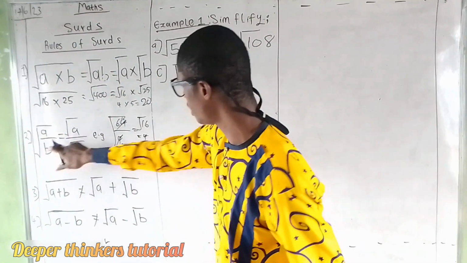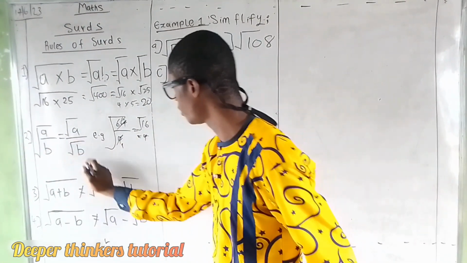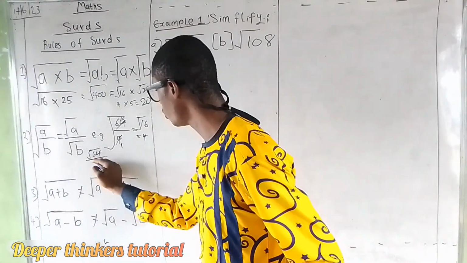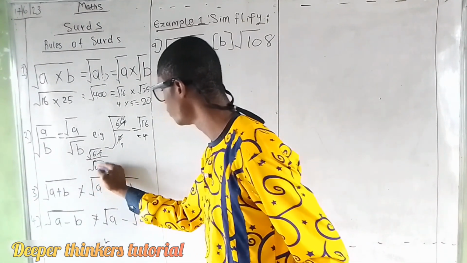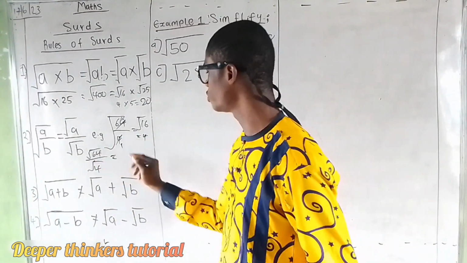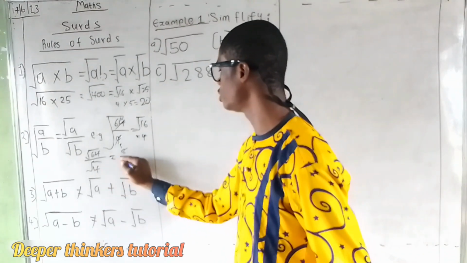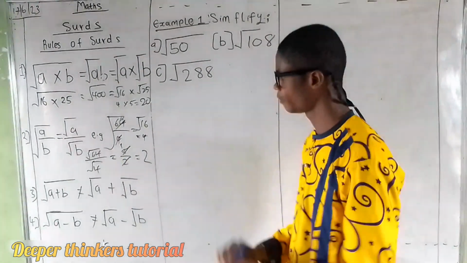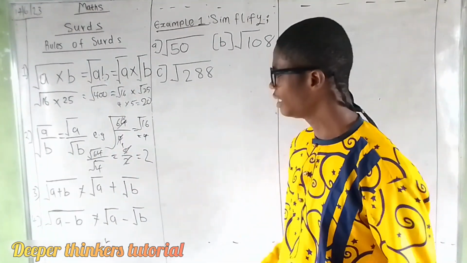Also, for this one, we take the square root of 64 all over the square root of 4. The square root of 64 is 8, and the square root of 4 is 2. When you divide both of them, you still have 2. So this is commutative.